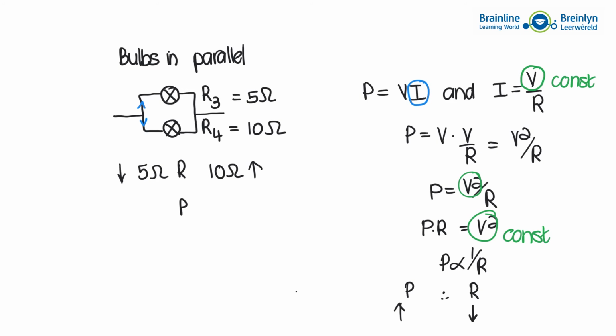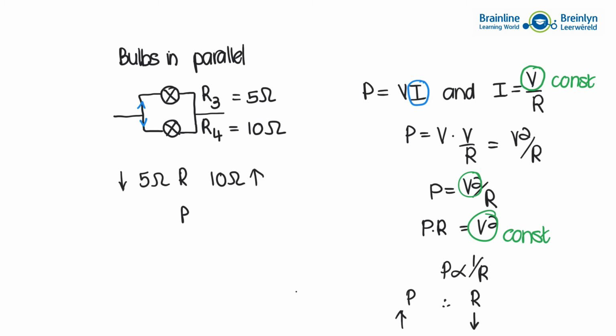This then tells us via the inverse proportion that the power for the 5 ohm resistor is higher and that therefore the 5 ohm resistor shines more brightly, while the 10 ohm with the higher resistance has the lower power and therefore is more dim.